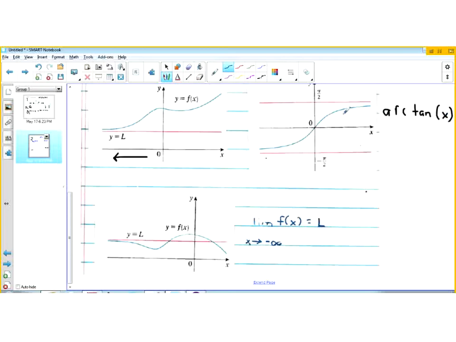The arctan function is asymptotic with y equals pi halves as well as y equals negative pi halves. And here's another example of a function that crosses the horizontal asymptote at a couple of points, but then exhibits asymptotic behavior as x shoots off toward negative infinity. All right, so we can do an example.